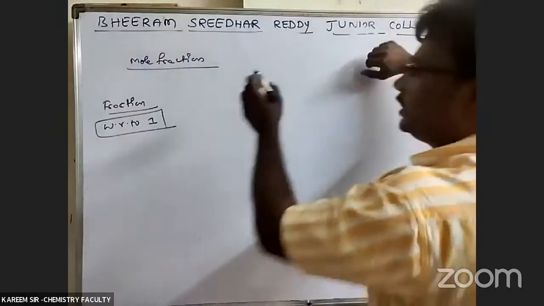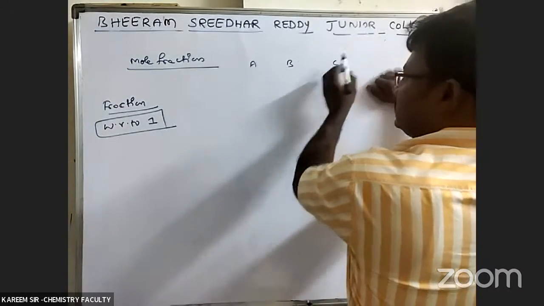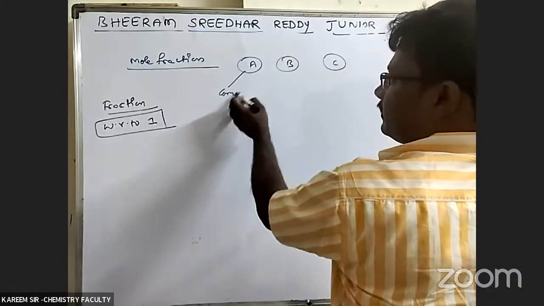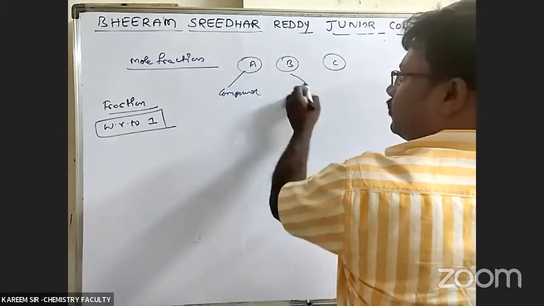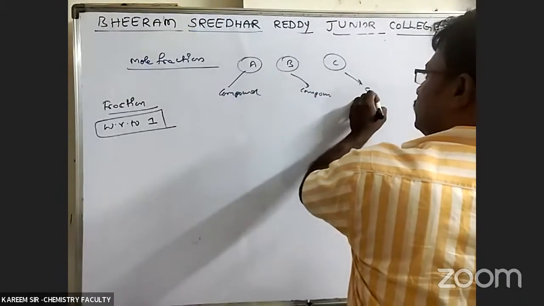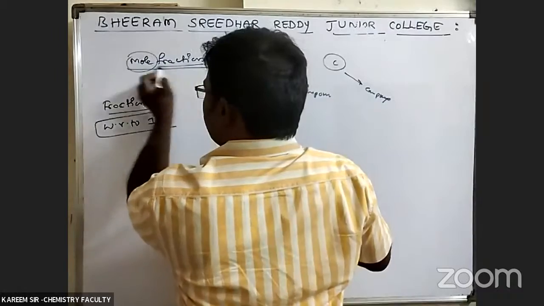Suppose A, B, C, like that 3 substances are there. This is compound A, this is one more compound B, and this is one more compound C. So this is a mole fraction.